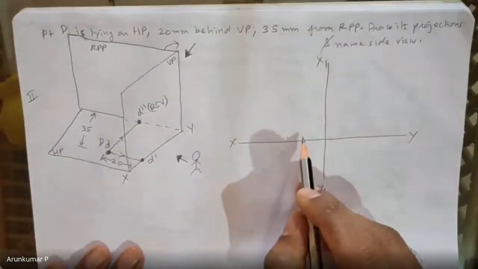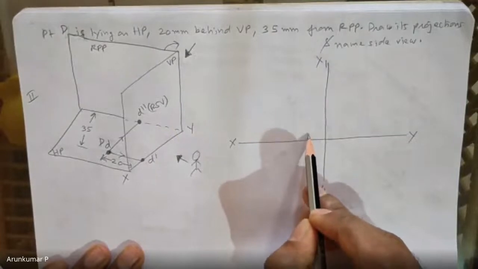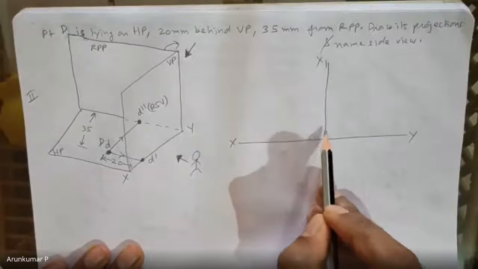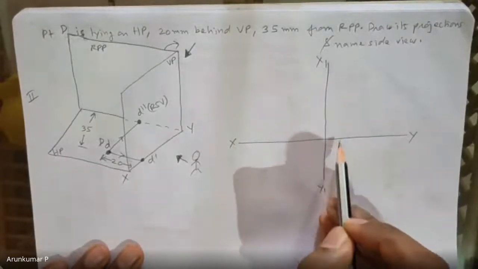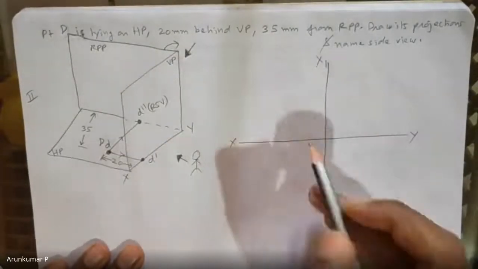First of all, we are in the second quadrant, so VP and HP both are going to be above the XY line. We know that. So where should I write VP and HP? On the left side above the XY line, or on the right side? Left side.